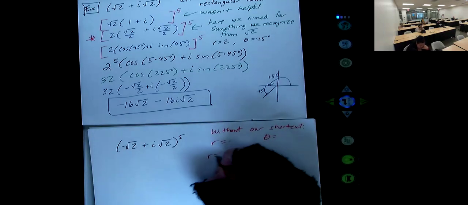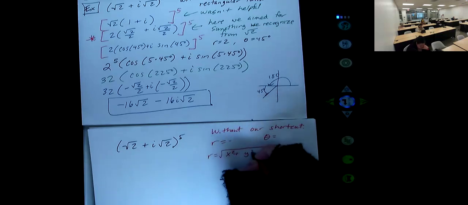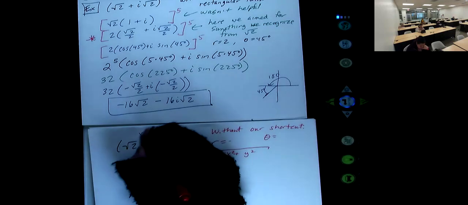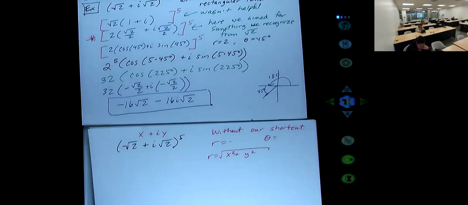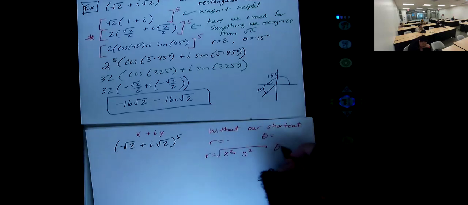R is based off the square root of x squared plus y squared, where this is in the form x plus iy. And theta would be tangent inverse of y over x.